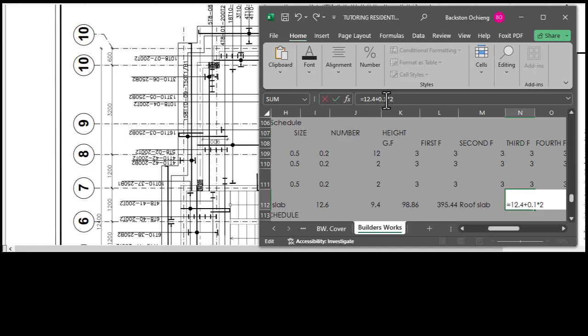Then we'll add 0.75 also times 2. The 0.1 at first is for us to get the external face of the beam indicated here on both sides. And then the 750 is from the external face of that beam to the edge of the extension. So 0.75 times 2 for the length.